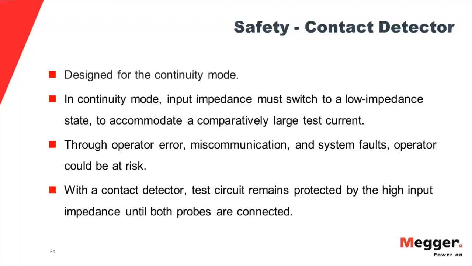And so you won't have, let's say, a dangling lead or a lead connected to a metal frame while the low resistance continuity range is engaged, in the event that during those few seconds some fault occurs on that line. The operator will not be put at any risk. So that's your contact detector.